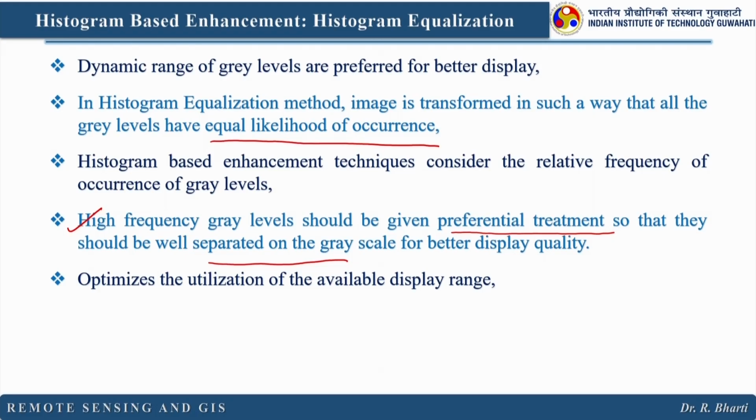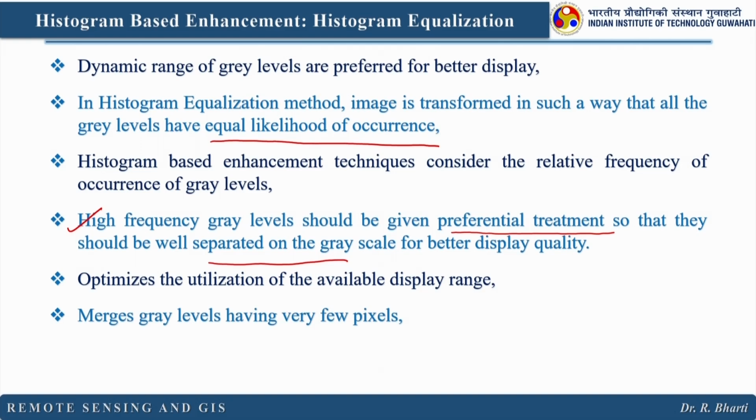It optimizes the utilization of the available display range, so that the whole 0 to 255 range is used in the display, and merges gray labels having very few pixels.